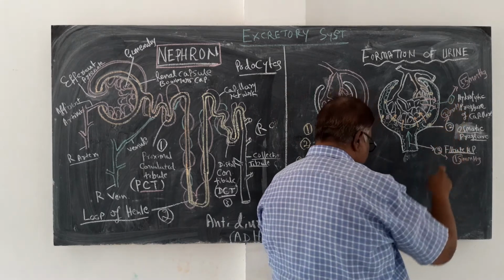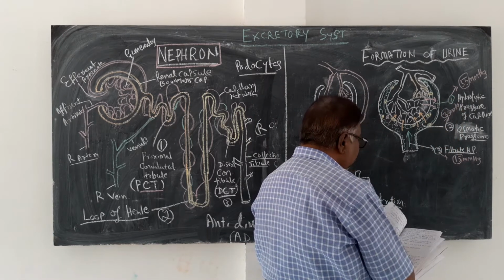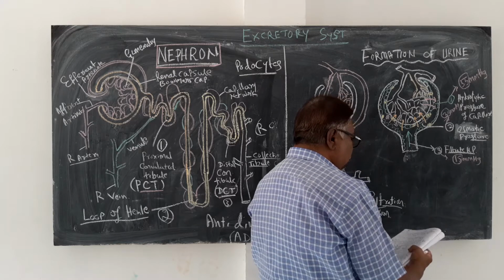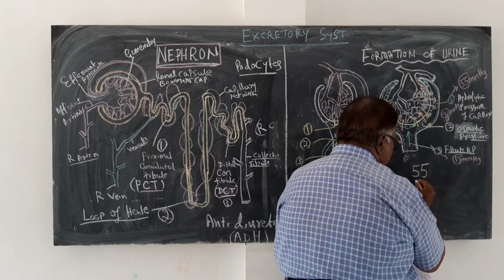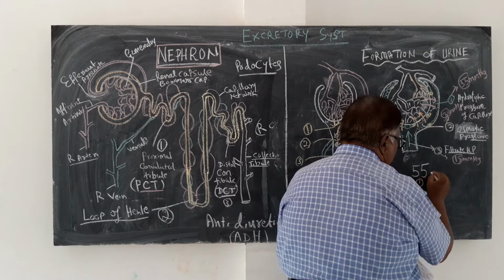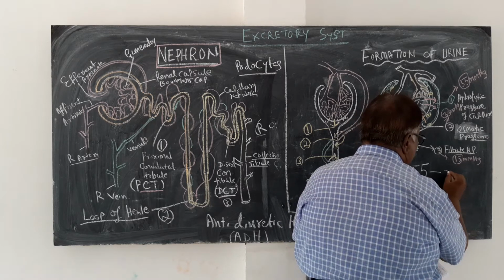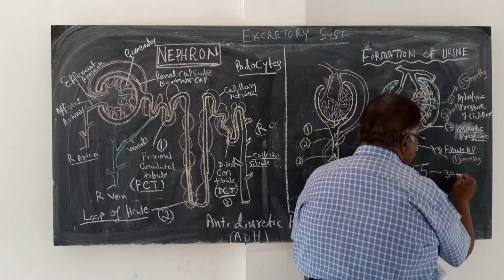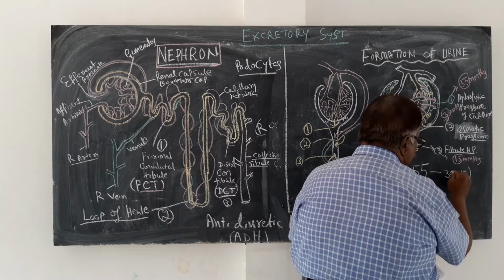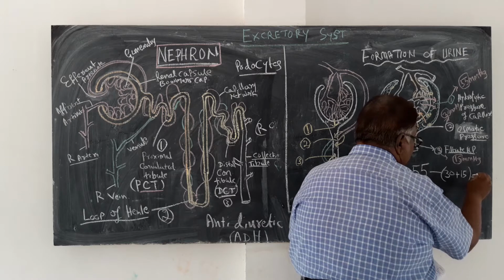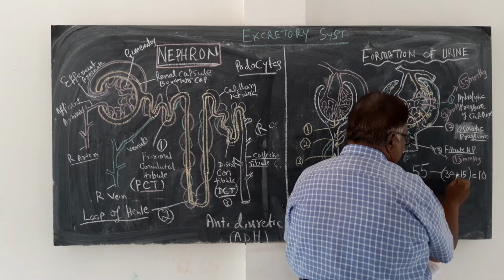The first one is 55, minus the second one, that is 30, plus this is 15, is equal to 10. 55 minus 30 plus 15.